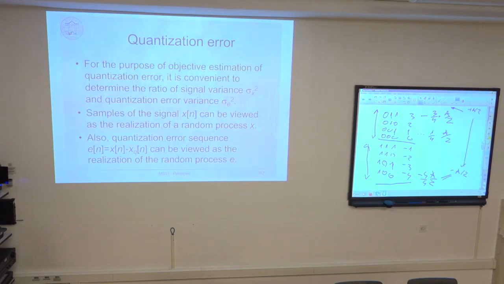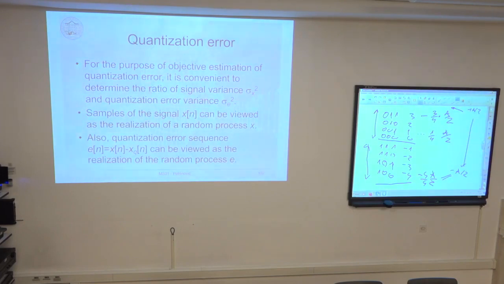Okay, and now we come to the mathematical part of this discussion, and what we want to do is to somehow measure or validate the objective measure of quality. So what is the objective measure of quality or degradation that is introduced by quantization? To measure this error, we would use some statistics.